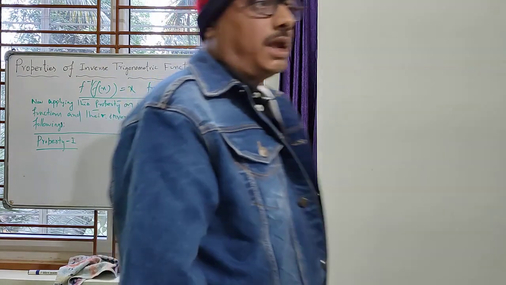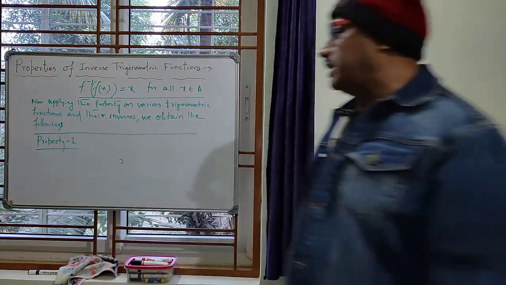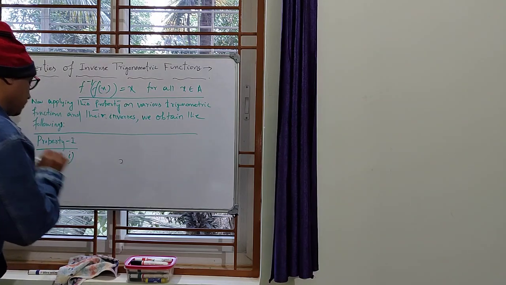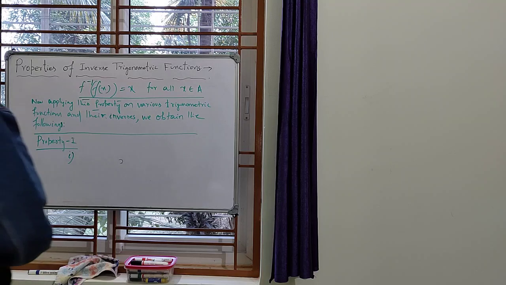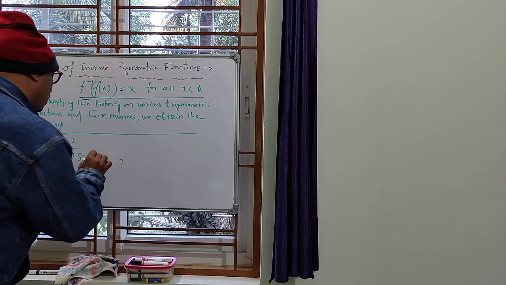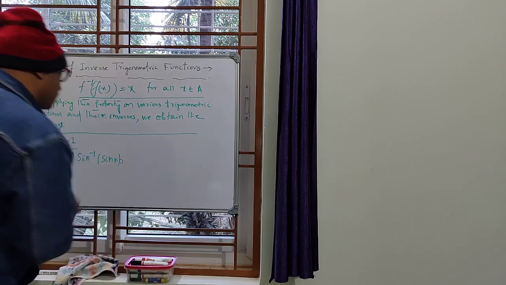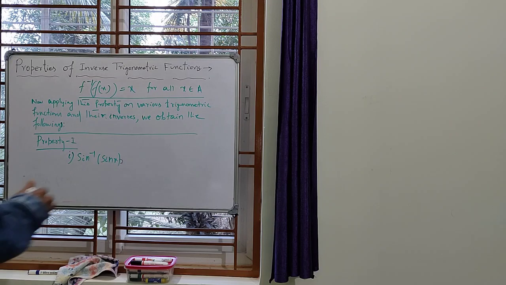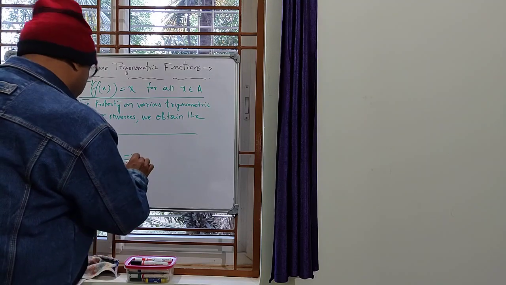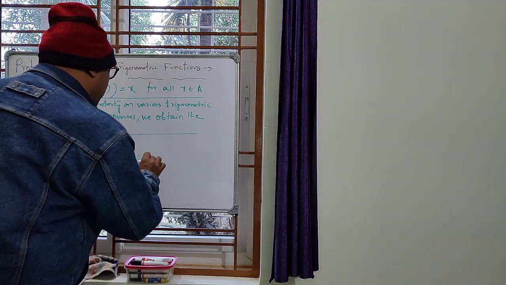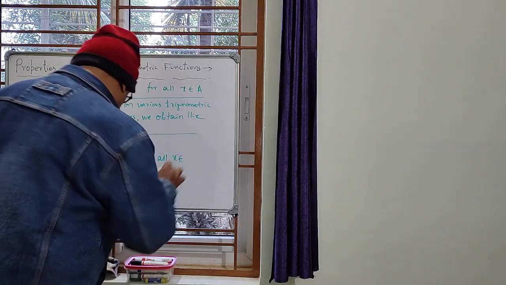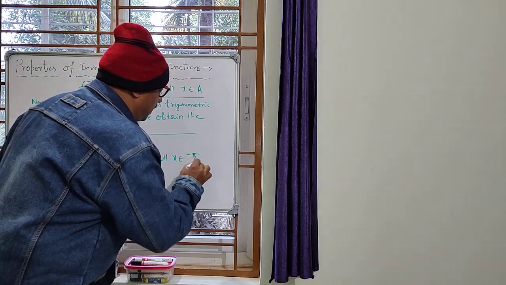In property 1, we can have different sub-properties of inverse trigonometric functions. We can have 6 different functions. Number 1, sine inverse of sine x equals x for all x belongs to minus pi by 2.